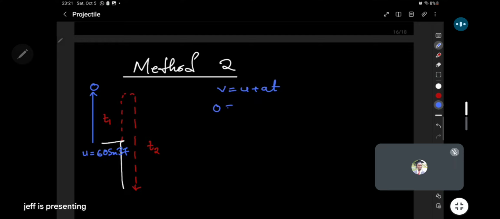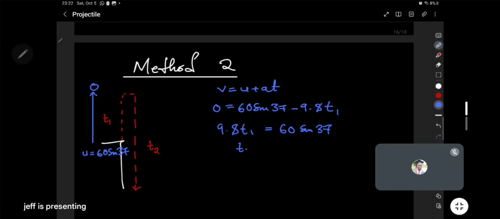Final is 0, initial is 60 sine 37, minus 9.8 t. So t is just the time for going up, so the negative sign moves across. 9.8 t equals 60 sine 37. So t1 is equal to 60 sine 37 over 9.8.